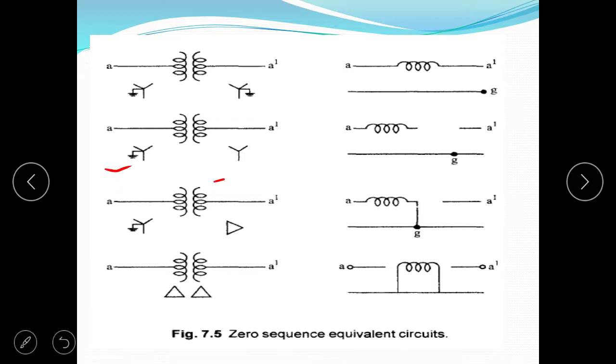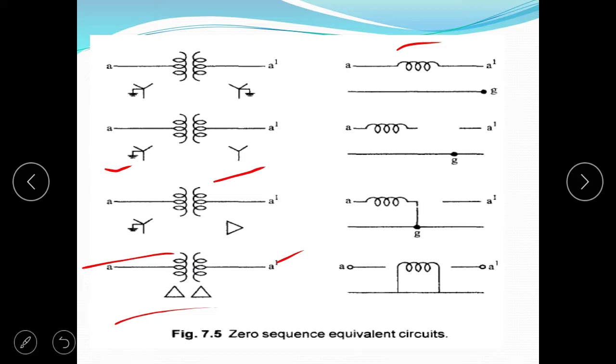The possible connections in a three-phase transformer are star star, star grounded, star grounded delta, and delta delta connection. For star grounded connection on both sides, the zero sequence network of the transformer is represented by only a series reactor.